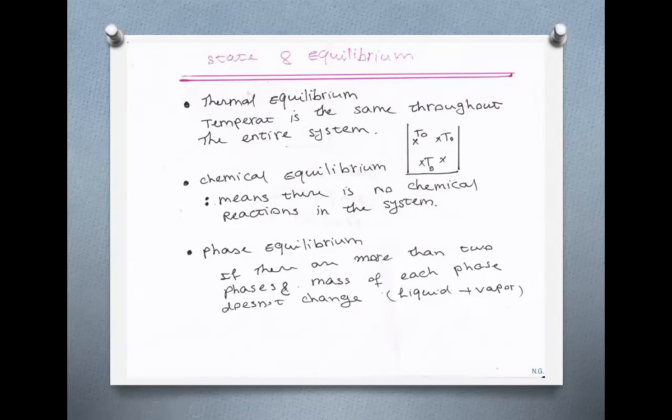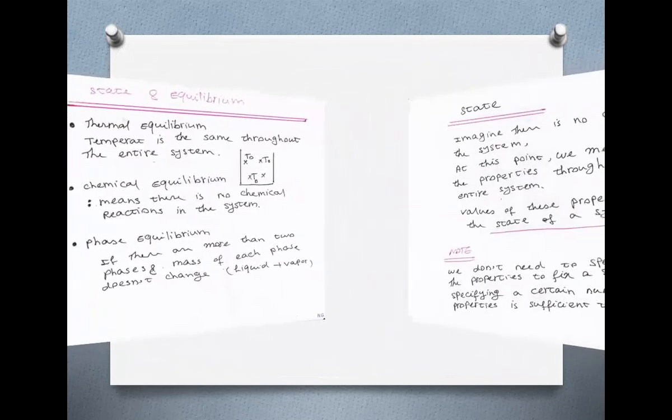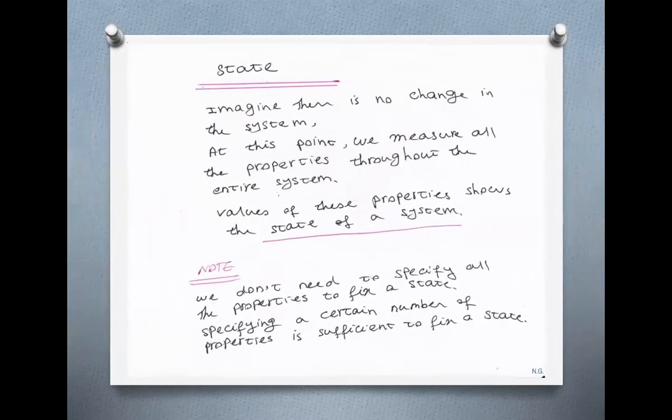There is another term, chemical equilibrium, which means there is no more chemical reaction in the system. Or phase equilibrium. Sometimes there is more than one phase, for example a mixture of liquid and vapor water. When we use the term phase equilibrium, it means that there is no more changing of phases. The mass of each phase remains constant. It is at phase equilibrium.